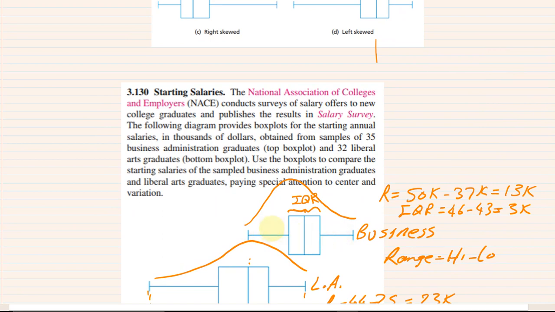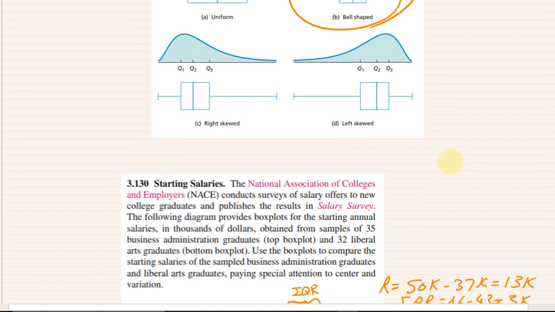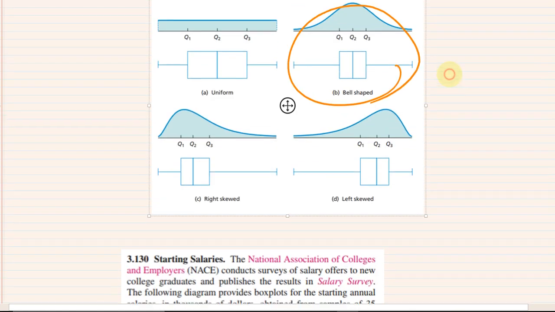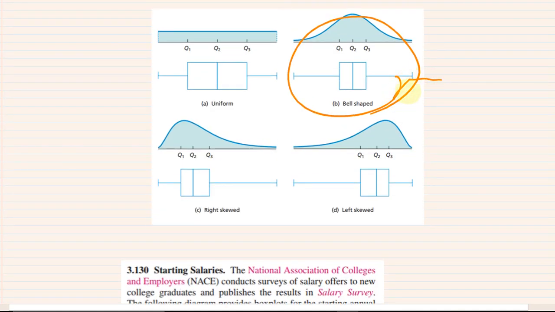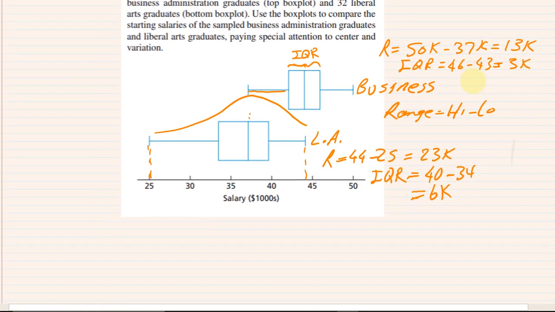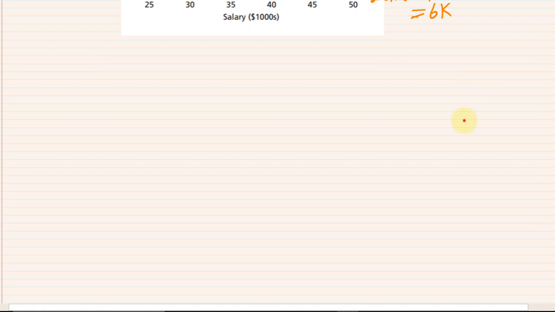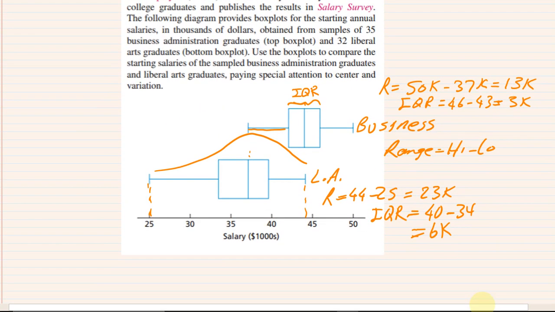It's almost normal. In fact, the longer tail is on the left, isn't it? So slightly longer tail there. It's more of this distribution, so it is almost a symmetrical distribution. That is good. We like to work with distributions that are symmetric and bell-shaped. And there you go. So that wraps up this one.